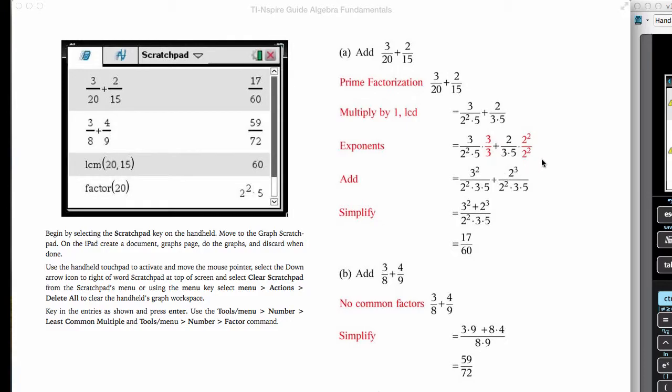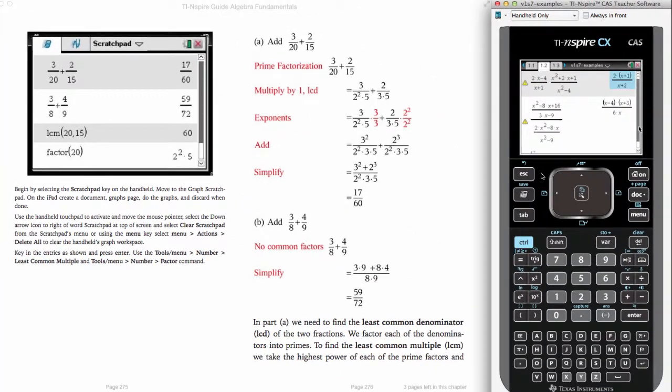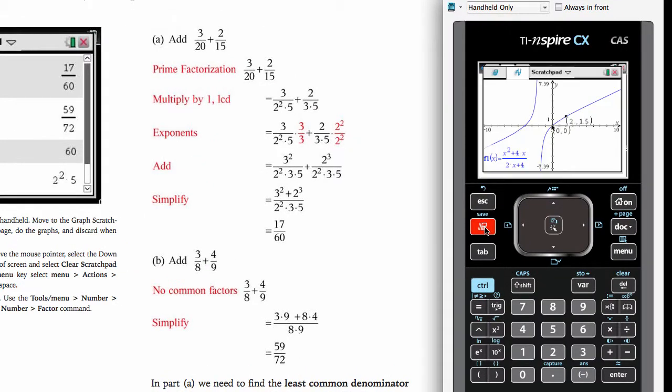Let's go ahead and take a look at this on our Scratchpad. So we'll go over to our calculator, then we'll go to our Scratchpad. We'll press it again to switch it to the calculator part from the graph part.